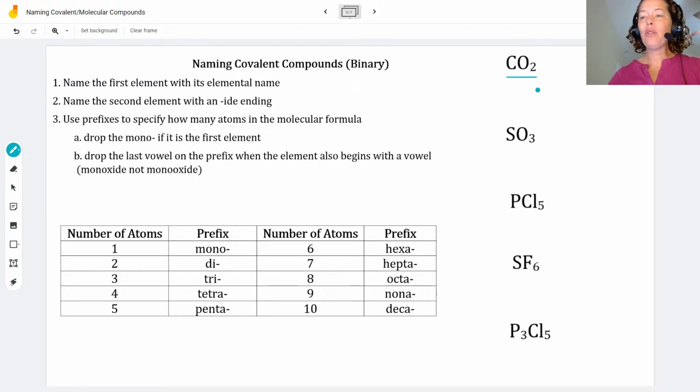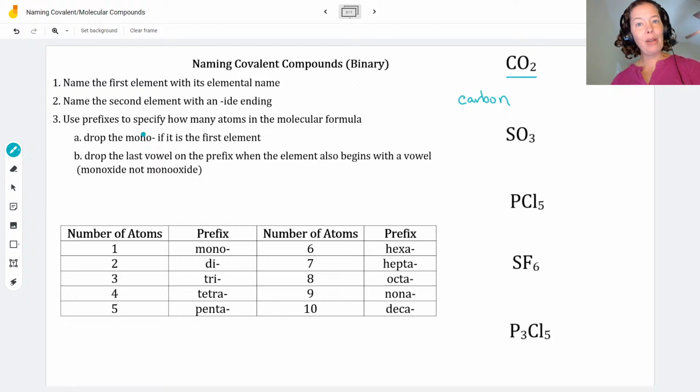So I am going to name it carbon. But notice I don't put the mono in front. Why don't I put the mono in front? There's only one carbon. Shouldn't we use a prefix? This is the exception. Remember, we drop the mono if it is the first element written. So carbon is the first element written. There is only one. We drop the mono on it. So it's just carbon.